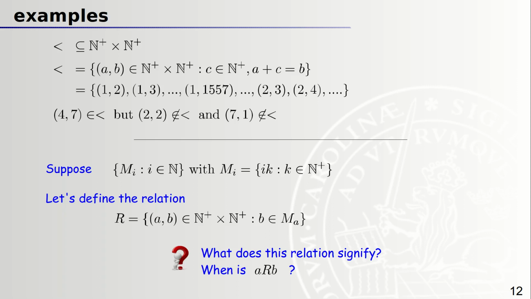What does this relation represent? When is A R B? That is, when are two values A and B related to each other by it? The answer is when A divides B.